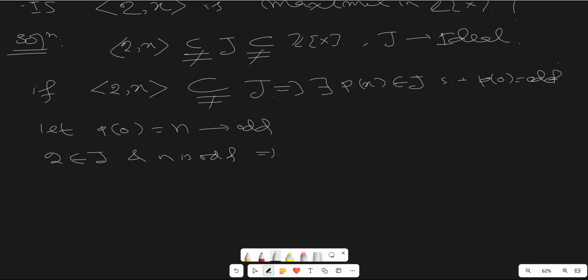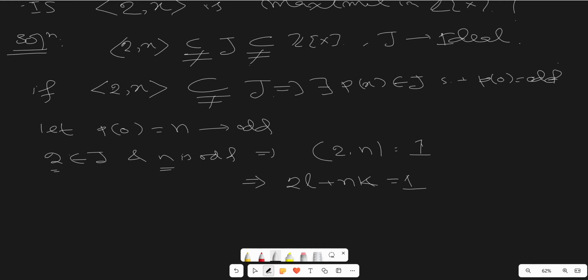This implies that GCD of 2 comma n is 1. Since n is an odd number and 2 is even, nothing else can divide both, so the GCD should be equal to 1, right? So this implies that 2l plus nk equals 1.